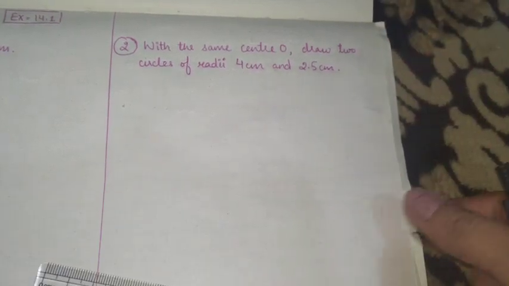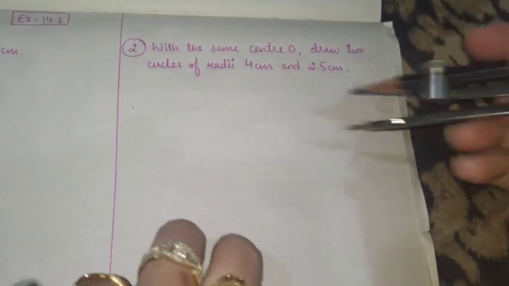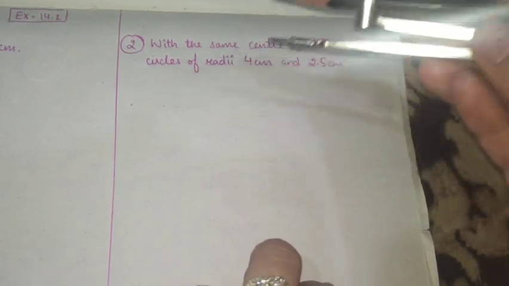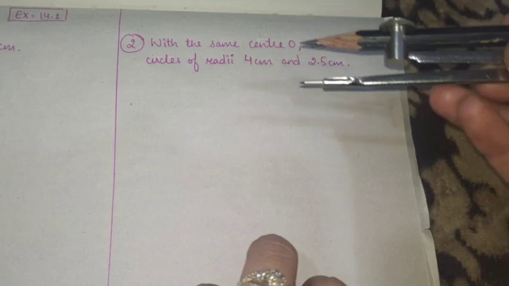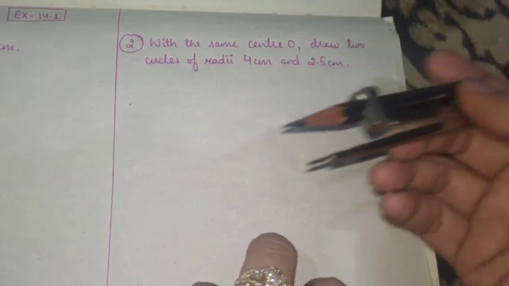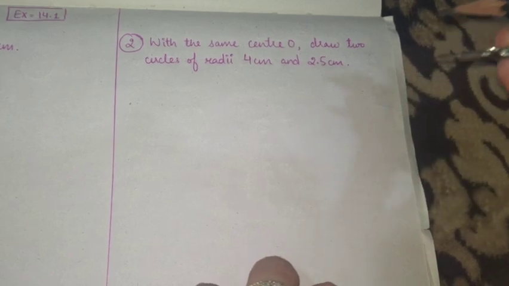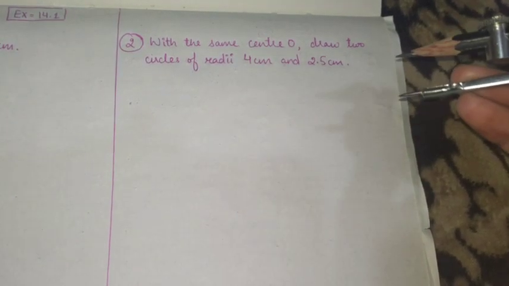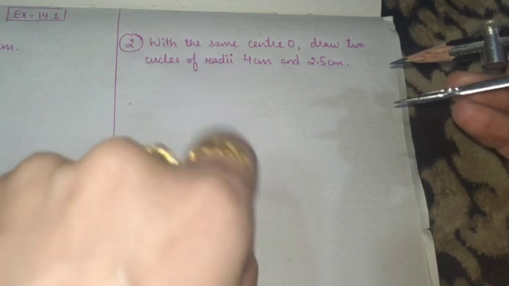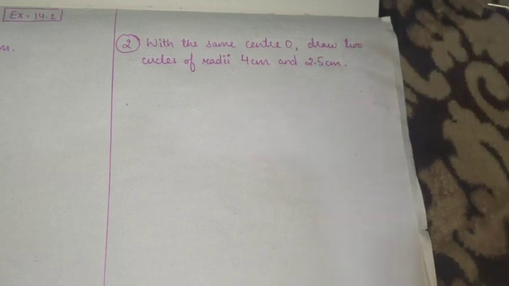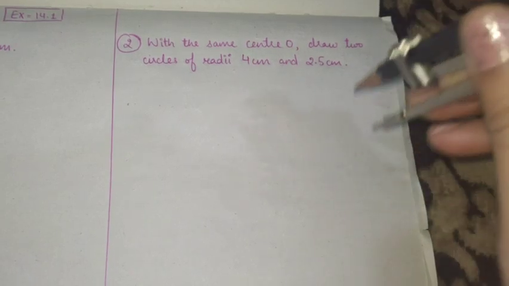So, second question says, with the same center O, draw two circles of radii 4 centimeters and 2.5 centimeters. So in this question, you are supposed to draw two different circles but with the same center O. So the procedure is same like we did in question 1.